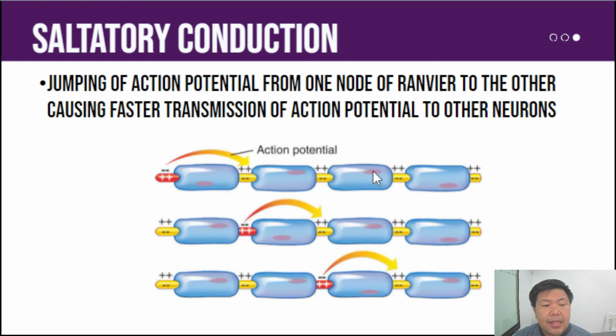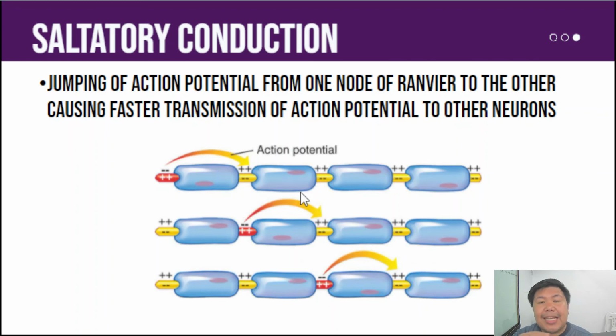Because the electrical current, the ions such as sodium and potassium, can actually flow through the fluid formed by myelin, causing just the unmyelinated parts of the axon to need depolarization.